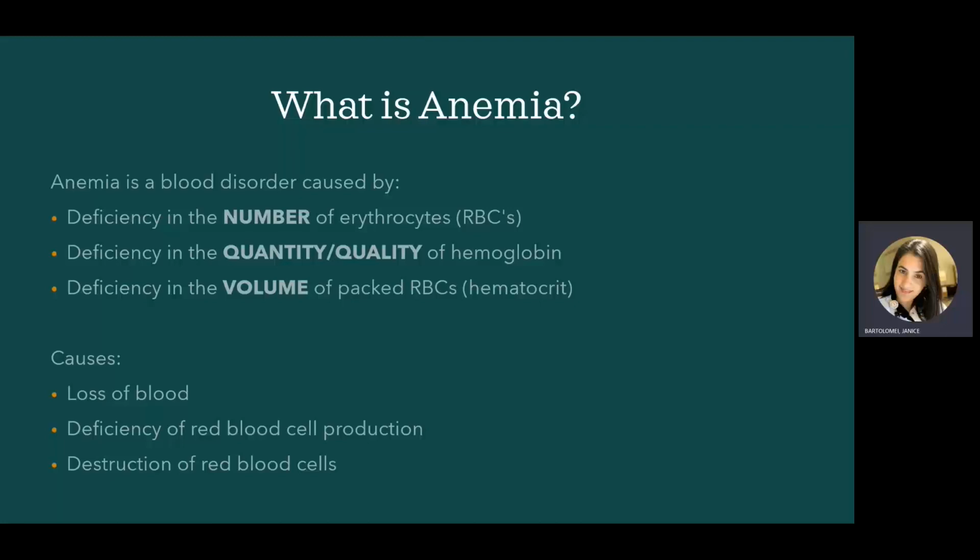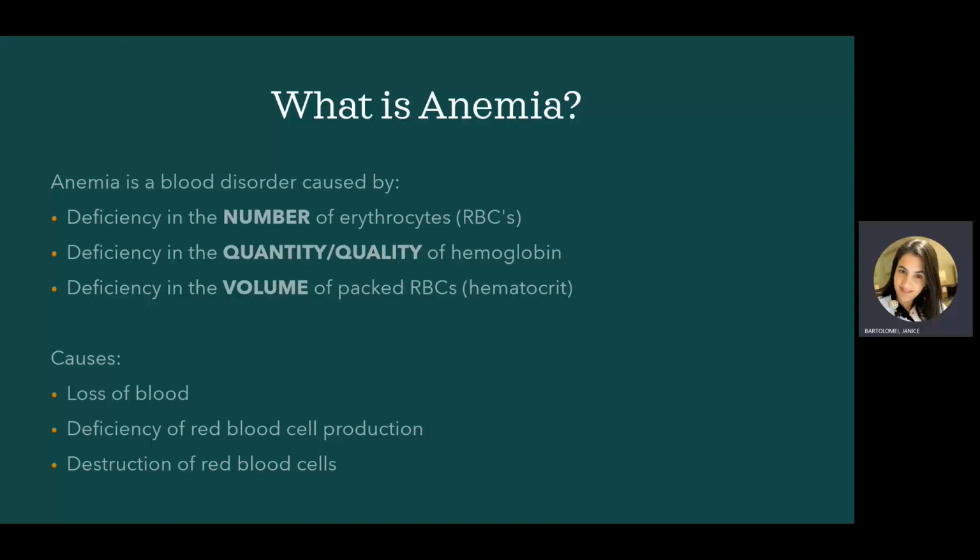It could be an issue with the number of red blood cells, or the quantity or quality of the hemoglobin. And let's review what the hemoglobin is. The hemoglobin is what carries the oxygen molecule. Or it could be the volume of the red blood cells, which we call the hematocrit.